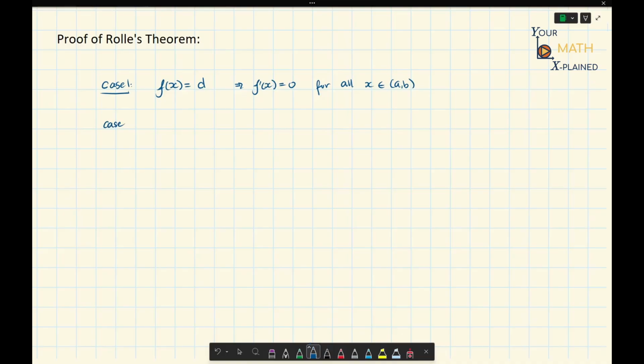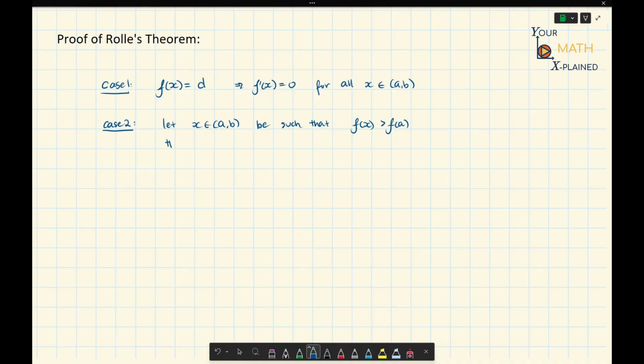Now case 2 is going to be the case where our function f has a y value that is higher than our starting point. So that means we're going to let x be some value in between a and b, such that f of x is greater than f of a.